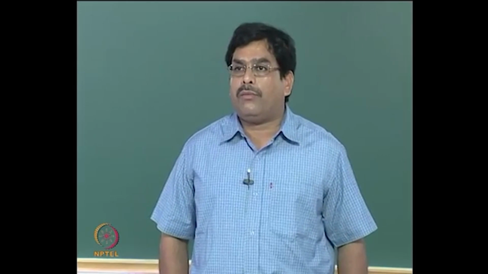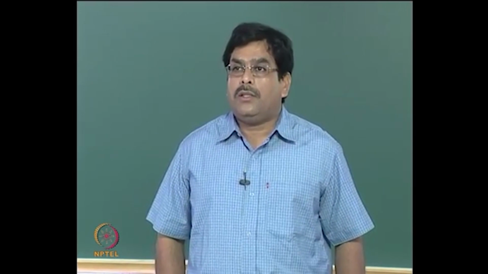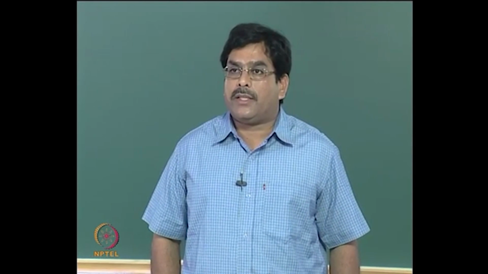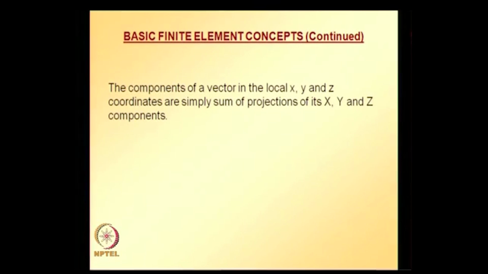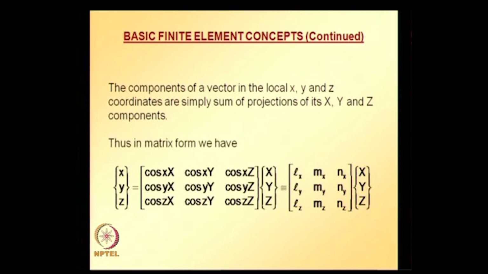The components of the vector in the local x, y, z coordinate system are simply projections of its capital X, capital Y, capital Z components, that is the global components. So, the relation between the local spatial coordinate system and the global spatial coordinate system is given by this equation, which is just an extension of what we have seen for 2D plane truss problems. You have one more, additional dimension.